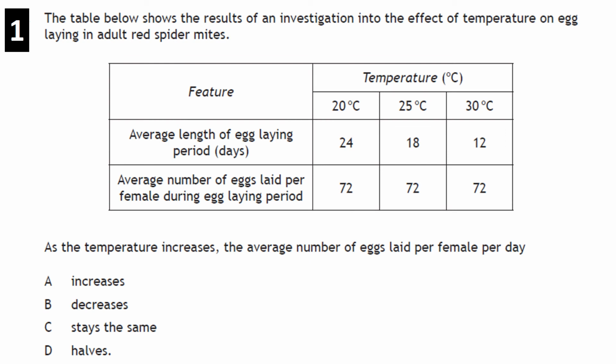So just to finish off, I'm going to give you some problem-solving questions related to Unit 2 material. So just as you go through these, put down the number, press pause, and I'll give you the answer. So number 1, the table below shows the results of an investigation into the effect of temperature on egg laying in adult red spider mites.